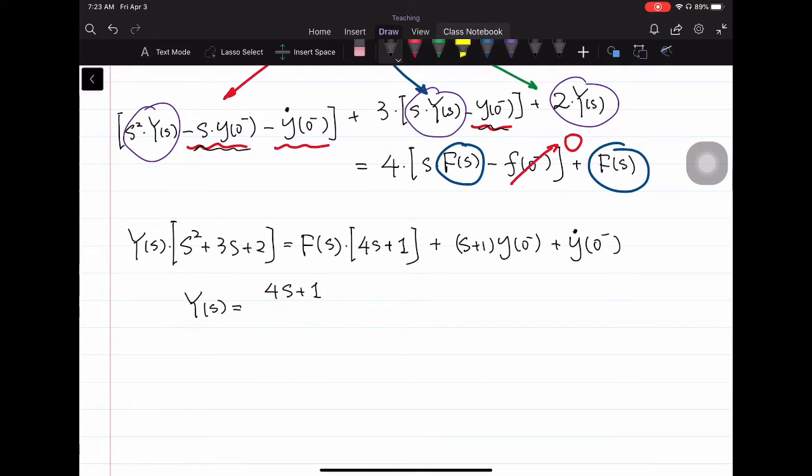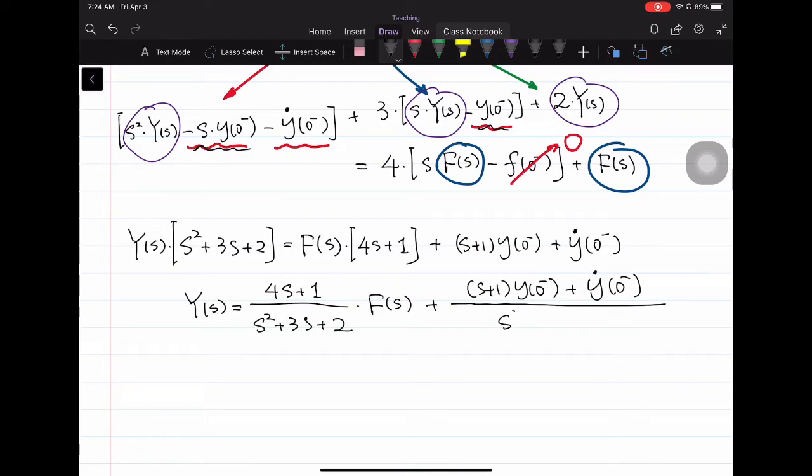So (4s plus 1) over (s squared plus 3s plus 2) times F(s), plus (s plus 1) times y initial condition plus y dot 0, over s squared plus 3s plus 2.